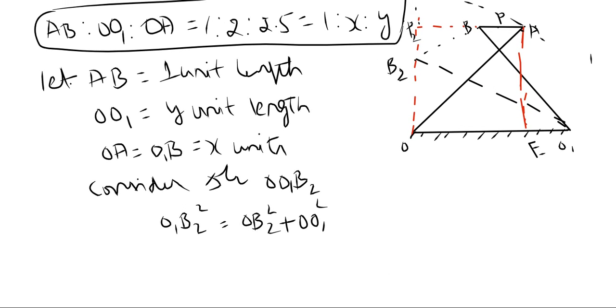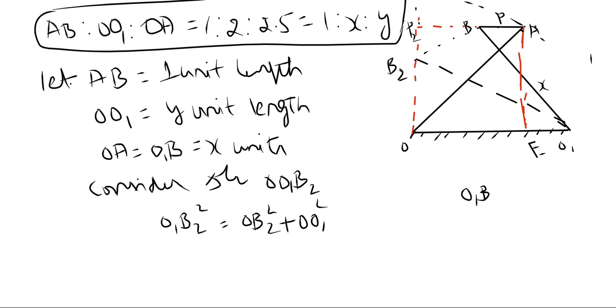Right. So now coming to O1B2, the distance of this O1B2 should be equal to x. Why? Because O1B we already discussed, this length will be x.